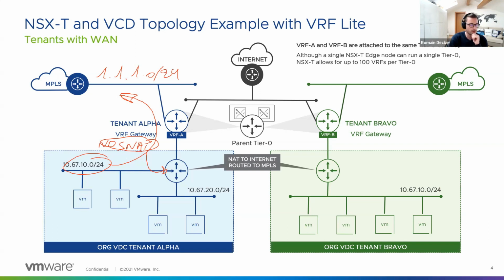By default, when a virtual machine tries to go out, it will be NATed to internet, except if the VMs belong to that particular network and they want to access the MPLS network, then the edge gateway will cancel the NAT with the no SNAT rule.